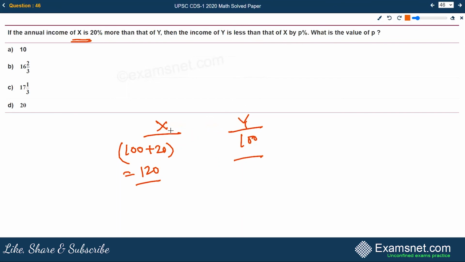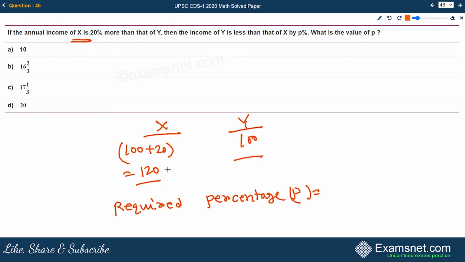Correct. So what we can write here, we are going to find the value for P. So the required percentage, that is P, we are checking based on the annual income of X. So comparing X, Y is having less income. How much less income?